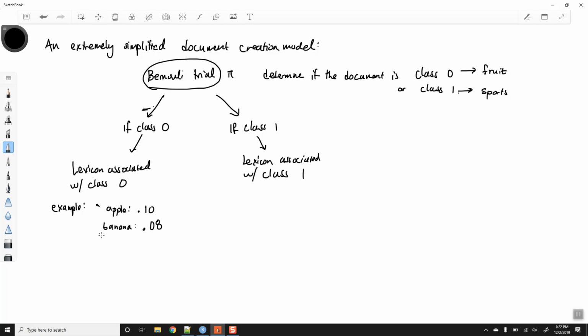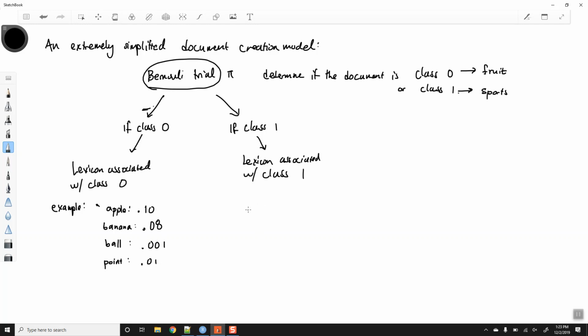Let's say there are only 4 words in our entire vocabulary. For sports, we'll say ball and goal, or maybe points, which appear with much lower probabilities in class 0.